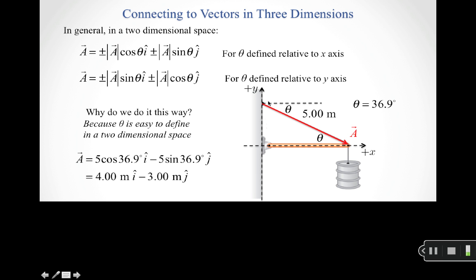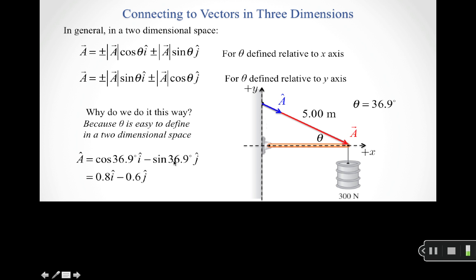And if you go calculate that out, it works out to be 4 meters i hat minus 3 meters j hat. So this is vector A written in unit vector notation. If you wanted to talk about the unit vector that lies in the same direction as vector A, so A hat, basically that's just taking out the magnitude. So we've got cosine of theta, 36.9 degrees, i hat minus sine 36.9 degrees j hat.